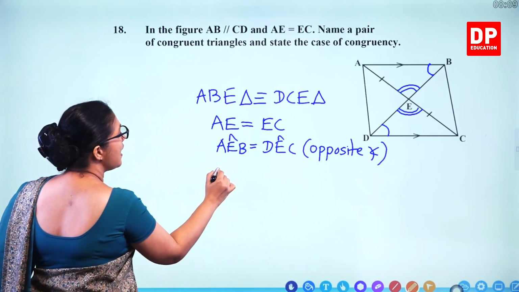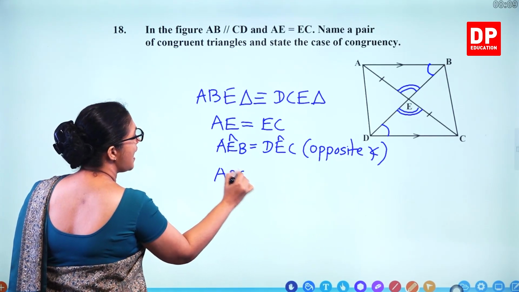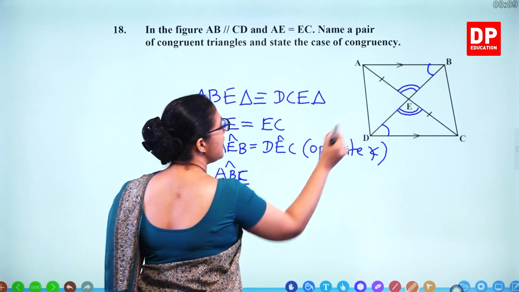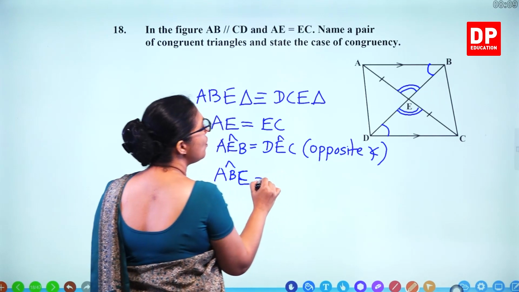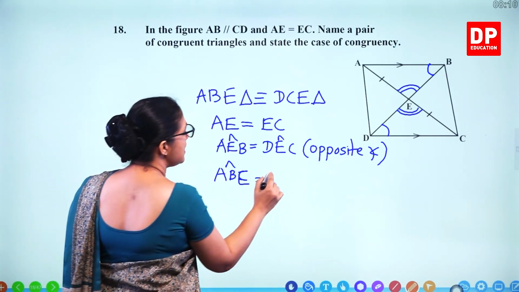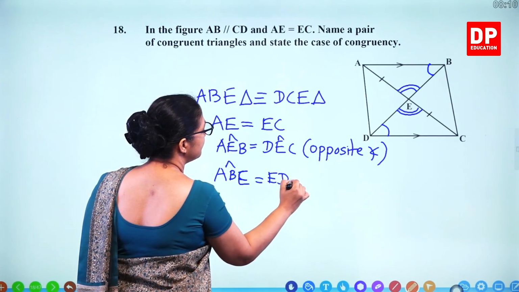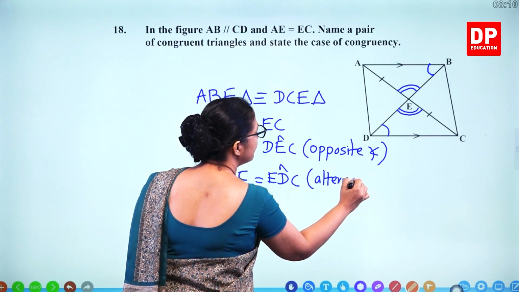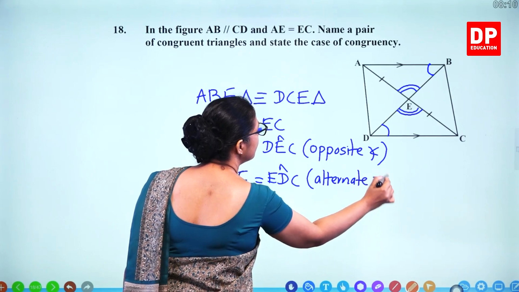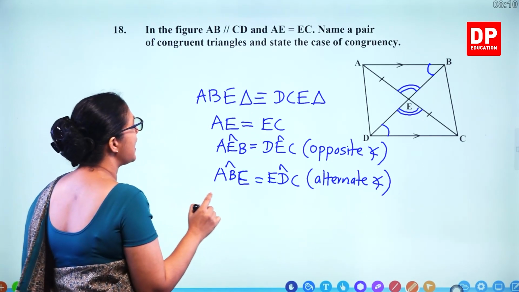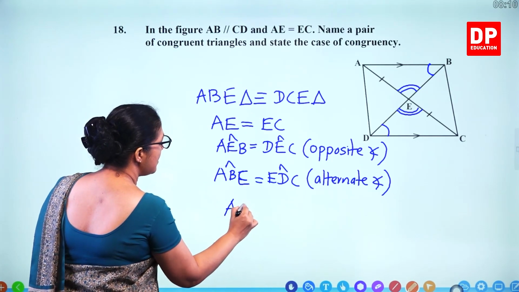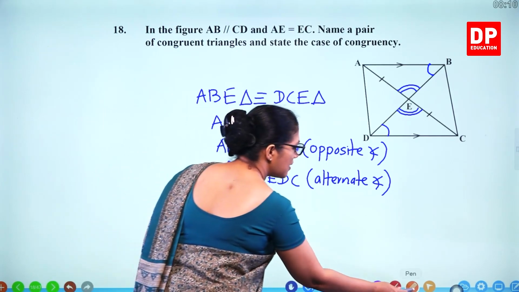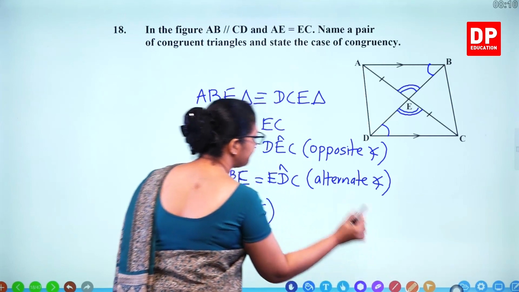And then angle ABE is equal to angle EDC, alternate angles. So what's the case? Angle, angle, side. 2 marks.